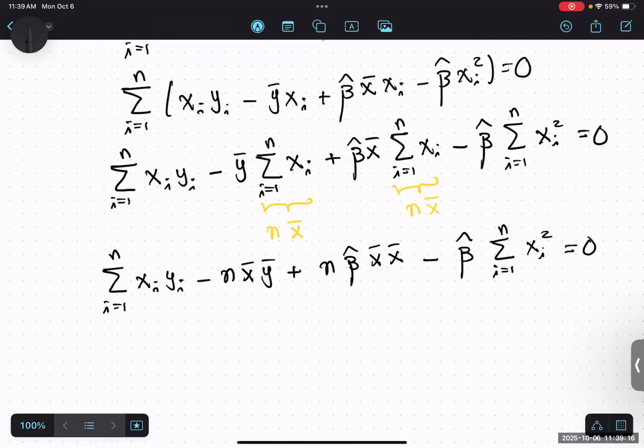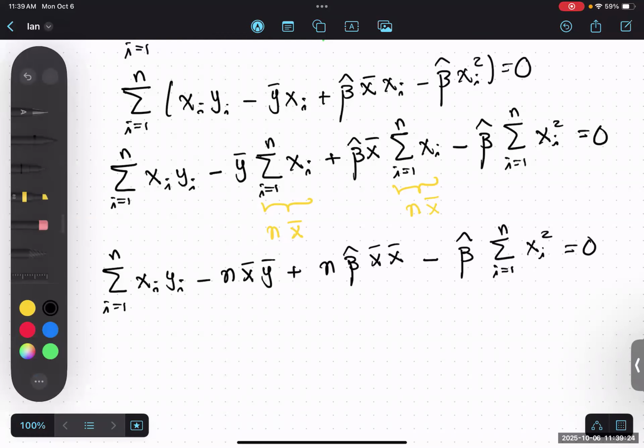So from here, I would say probably the easiest thing to do is to factor out beta from the last two terms. Let me do that.